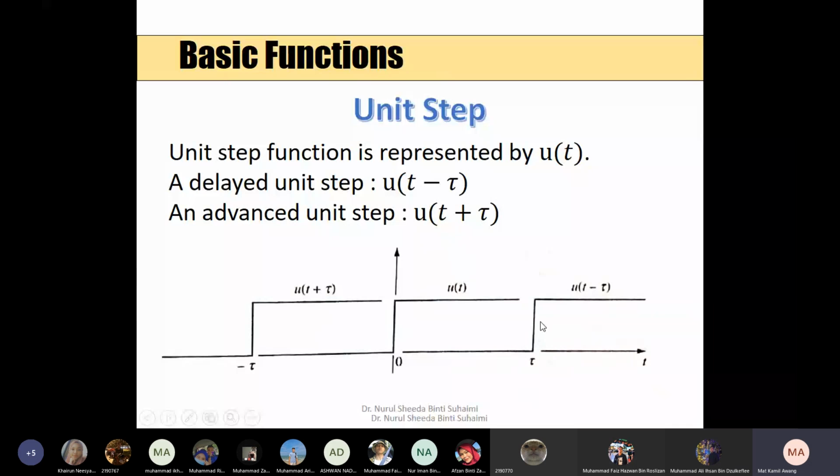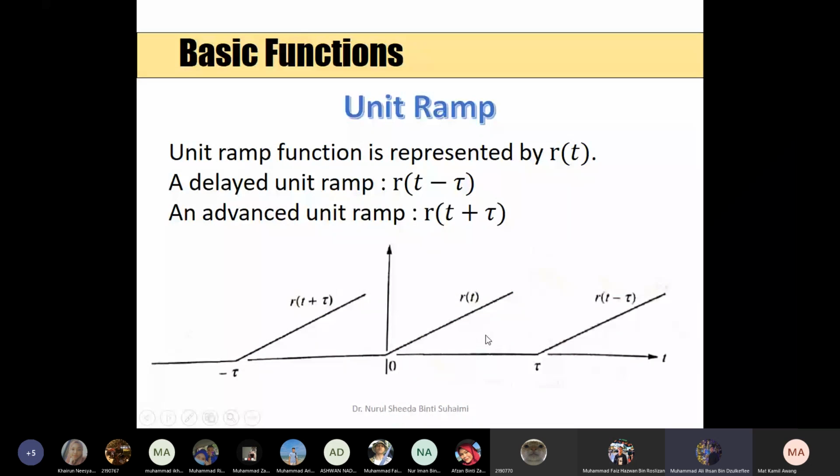If it's a delayed unit step, it's 0 before tau and 1 after. Clear that? Clear, sir.